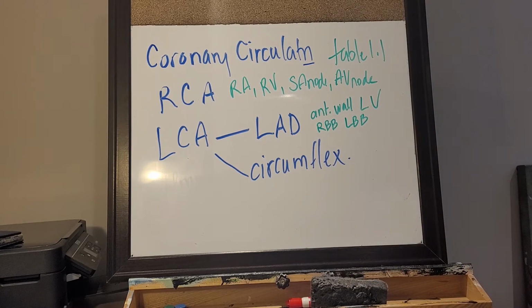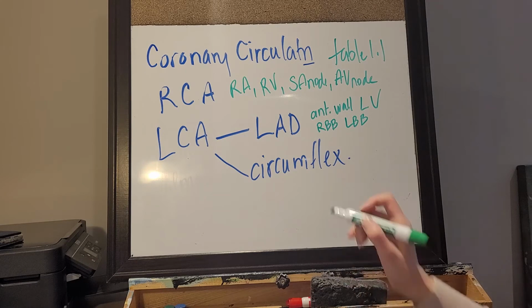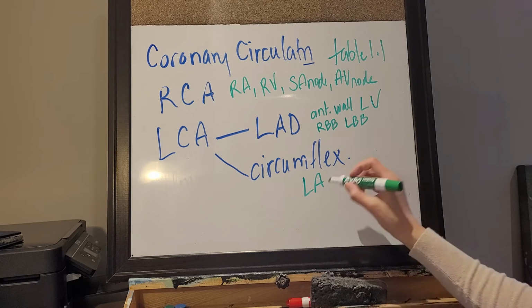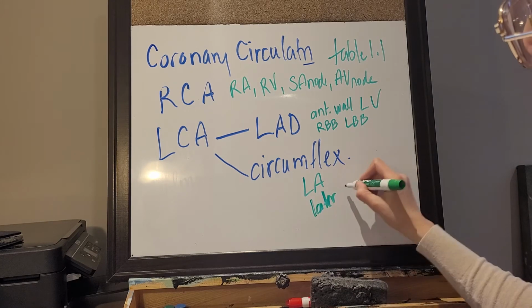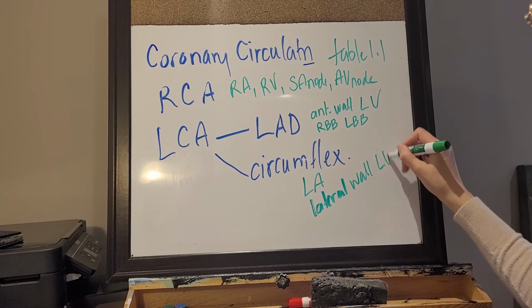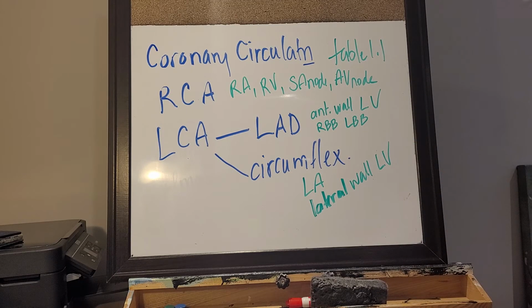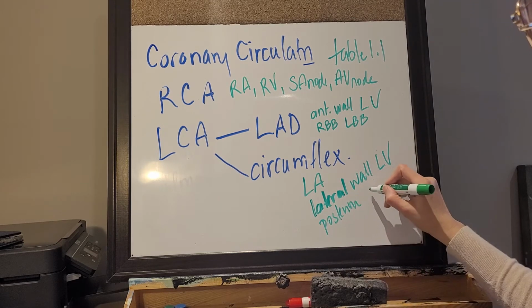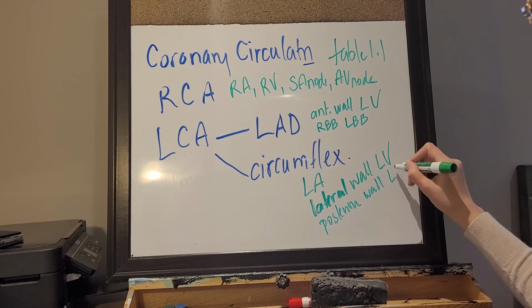The circumflex perfuses the left atrium and the lateral wall of the left ventricle, as well as the posterior wall of the left ventricle.